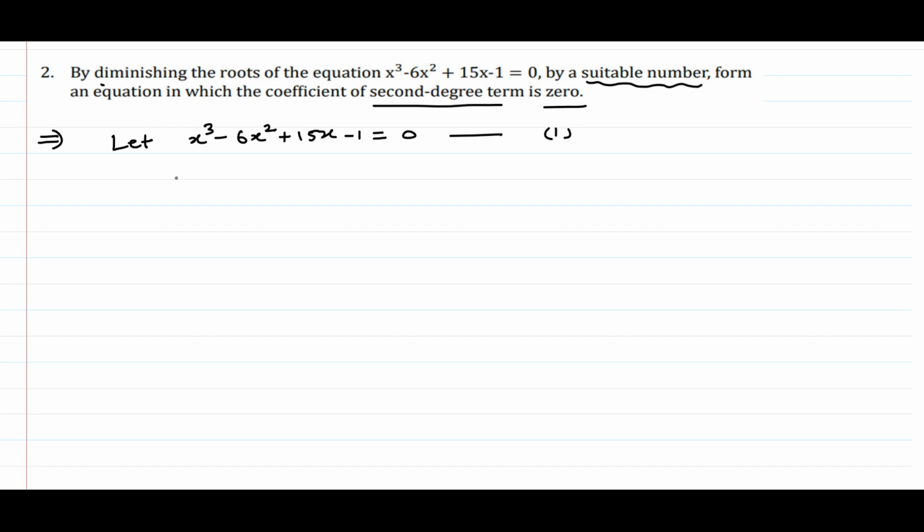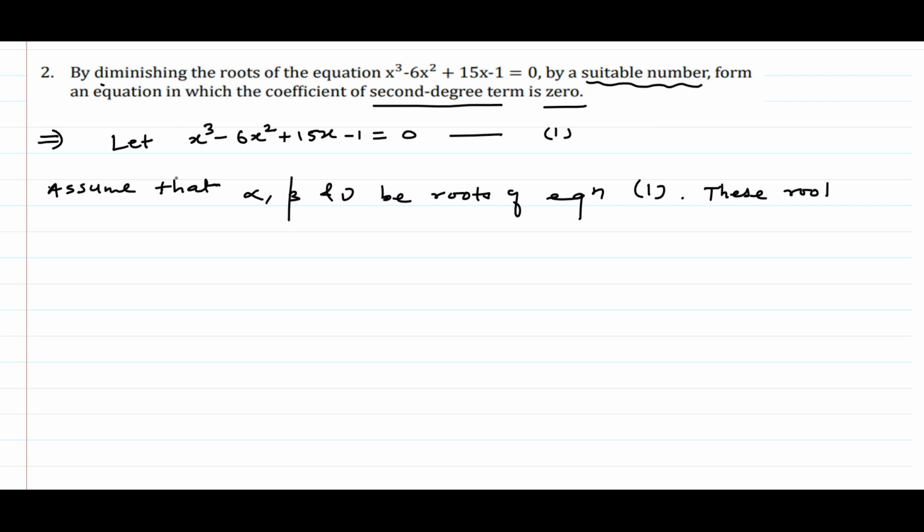So now, first of all, we need to assume that alpha, beta and gamma are the roots of the given equation 1, and these roots are diminished by a suitable number.